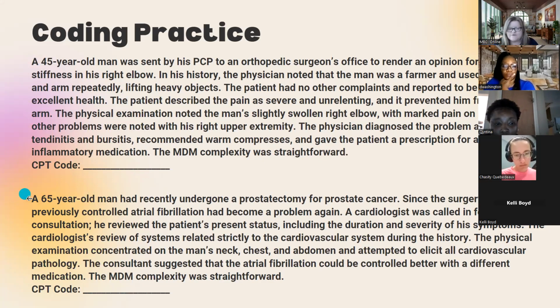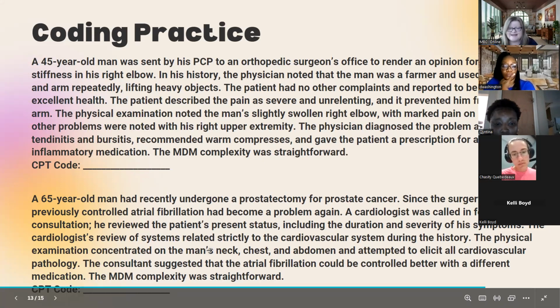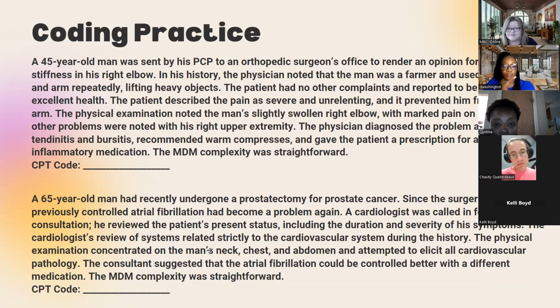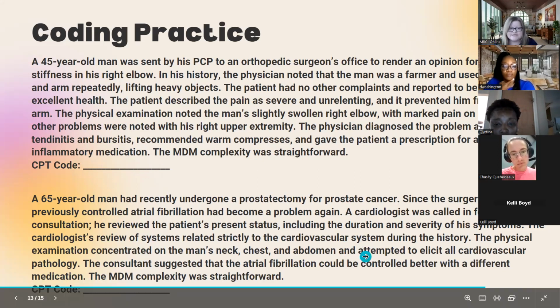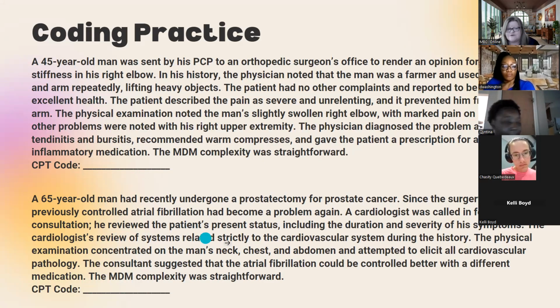A 65-year-old man had recently undergone a prostatectomy for prostate cancer. Since the surgery, his previously controlled atrial fibrillation had become a problem again. A cardiologist was called in for an inpatient consultation. He reviewed the patient's present status, including the duration and severity of his symptoms.